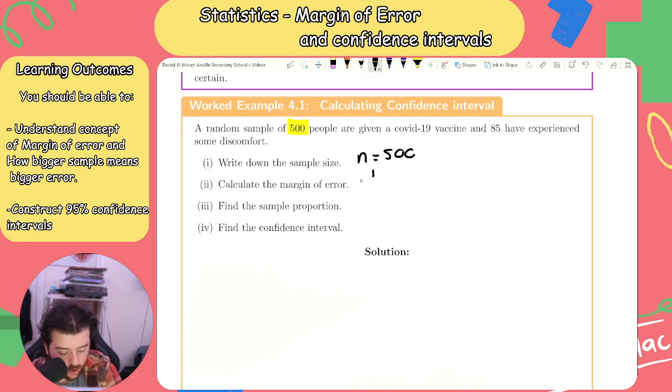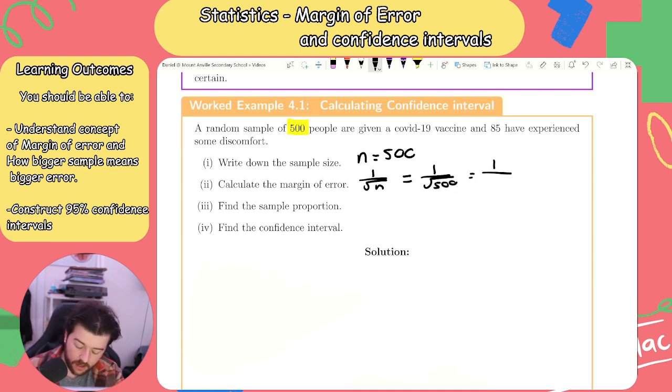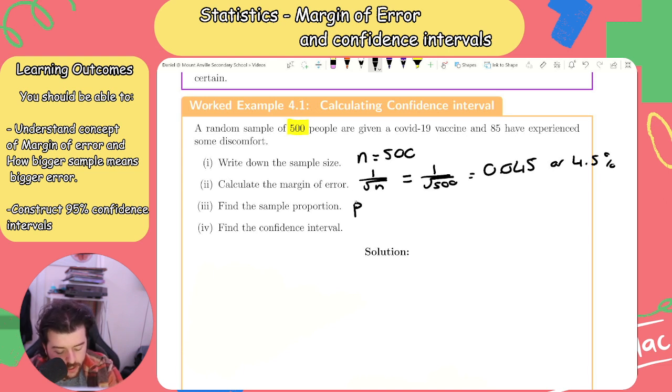That's going to be 1 over root n, that's 1 over root 500, which is roughly equal to 0.045 or 4.5%.